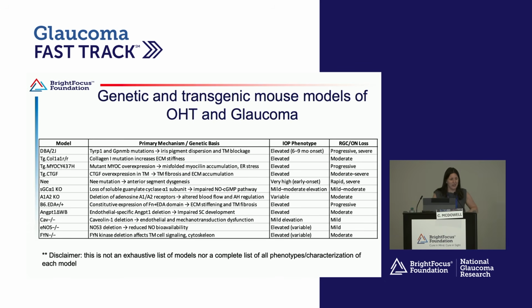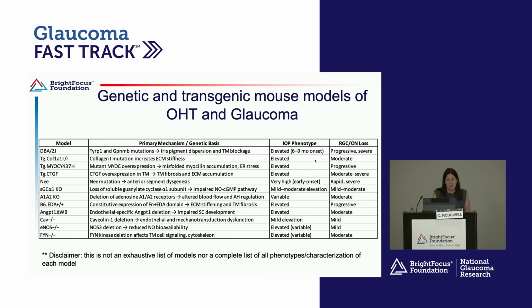So this is a chart, again, a lot of words, but I just wanted to show some of the models that are available right now in the literature, and this is by no means an exhaustive list or a complete list of all the characterization that's been done on these mice, but I did want to provide at least a chart that you can come back to later to look at the variety of mouse models that are in the literature, as well as to point out, again, that all models are not created equal.